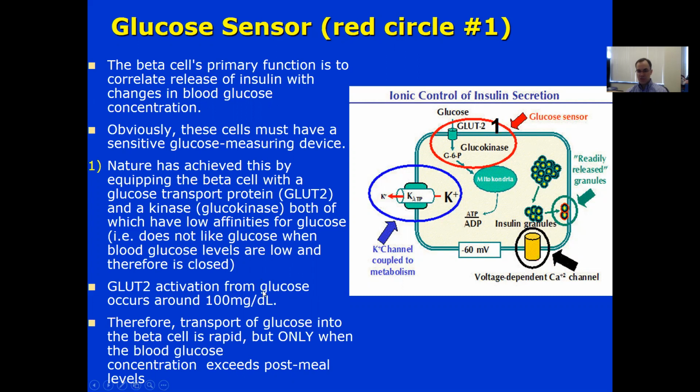So transport of glucose into the beta cell is rapid, but only when the blood glucose concentration exceeds post-meal levels. But as glucose levels start to drop below 100, GLUT2 is going to be turned off or closed because it has a low affinity. So when glucose levels are low, GLUT2 and glucose don't talk to each other.